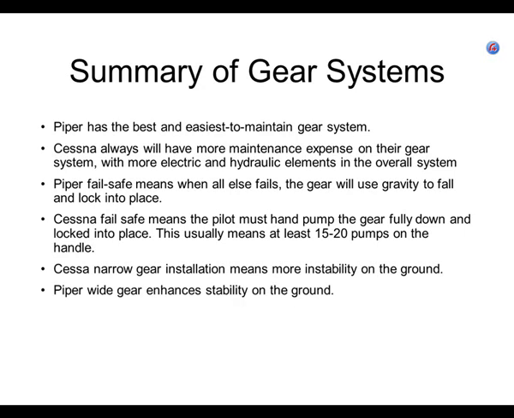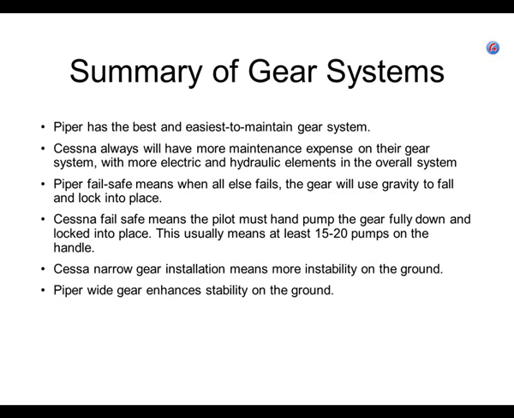Now the Piper gear, because it's wider, has more stability on the ground. When you begin to look at flying magazines, the insurance company advertising will almost 99.5% show a Cessna upside down because strong winds on the ground flipped it over.